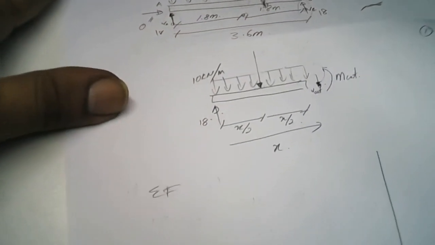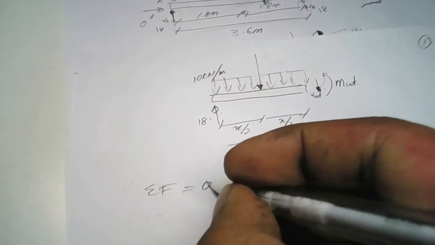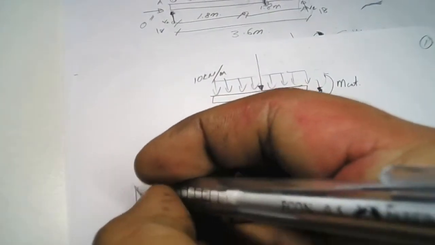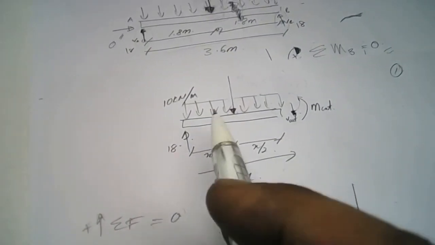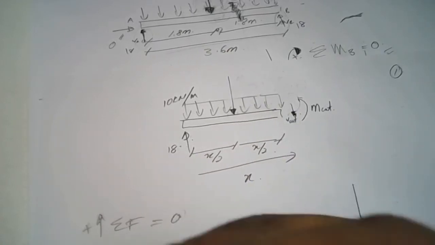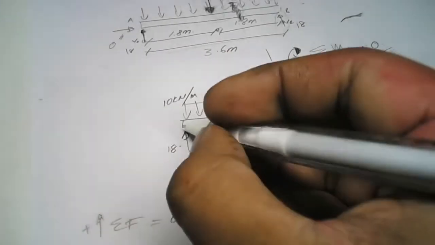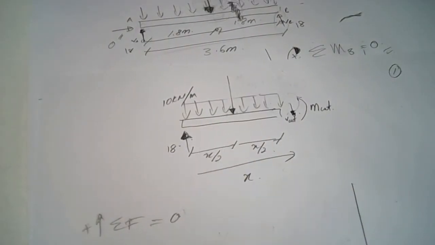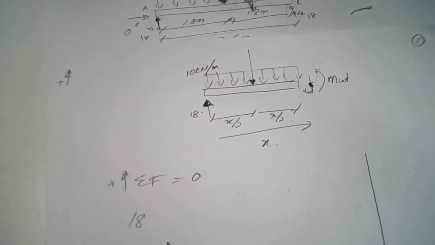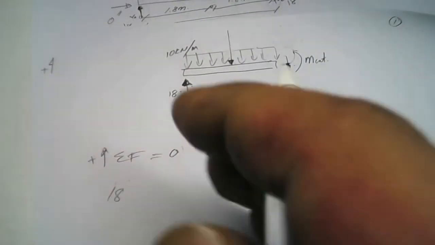Summation of F equal to 0, and I declare upward is positive. So how many forces do we have here? 1, 2, 3. The first one is 18. It's an upward direction, so it's positive.